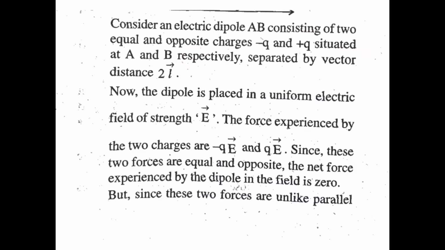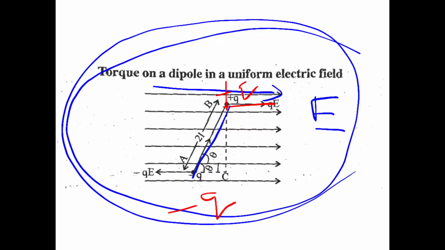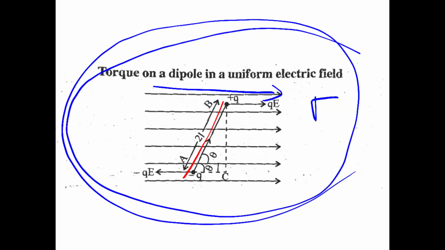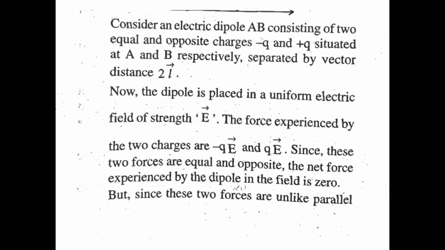Next, consider an electric dipole AB consisting of two equal and opposite charges, plus Q and minus Q, situated at B and A respectively.